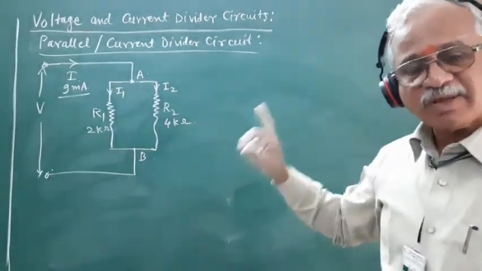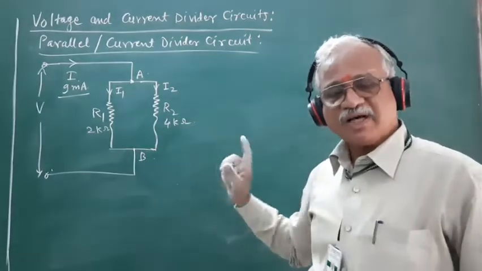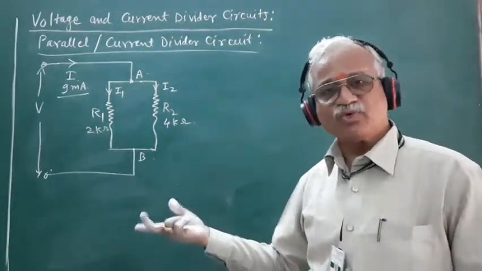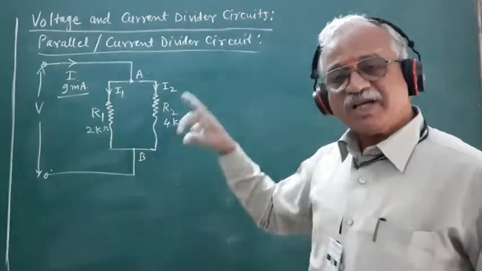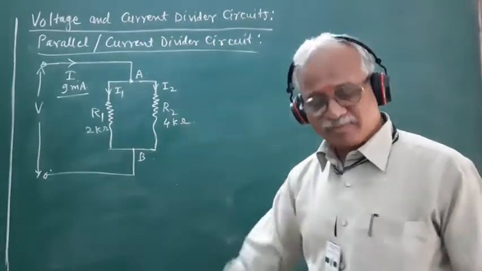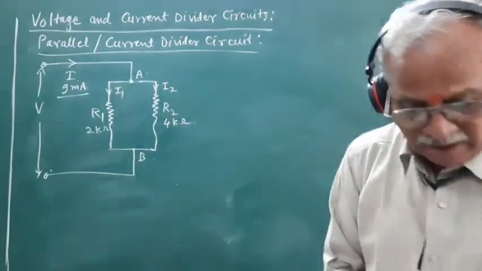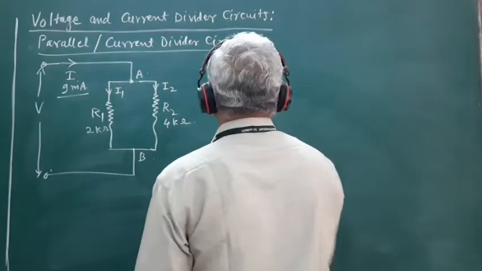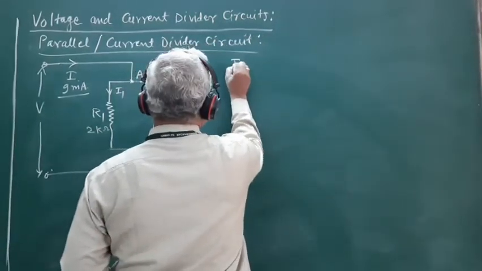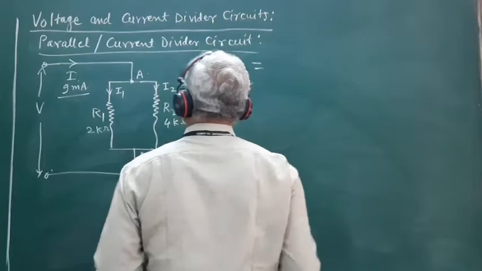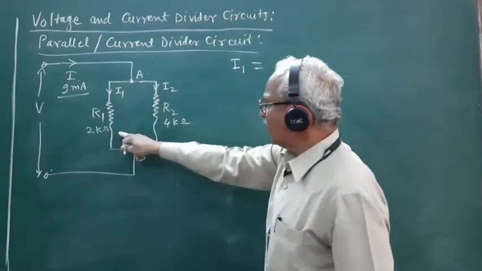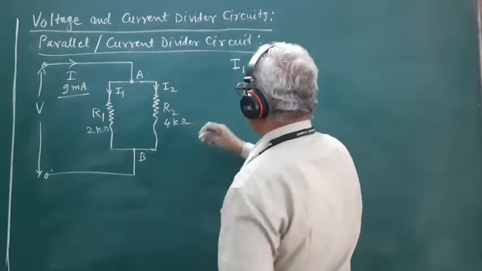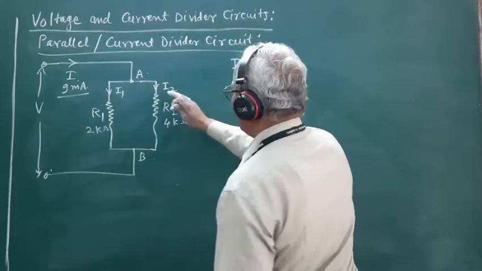In case of the parallel circuit, the currents are going to be inversely proportional to the value of the resistor in a particular branch of that network. So, this inverse current formula is given by: the current flowing through the resistance R2 is going to depend on the value of R1.